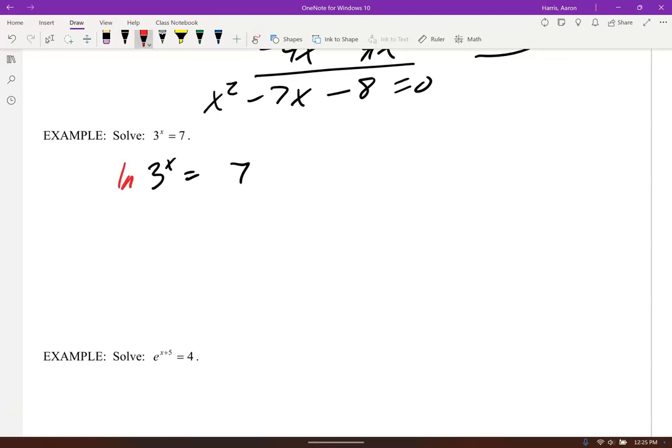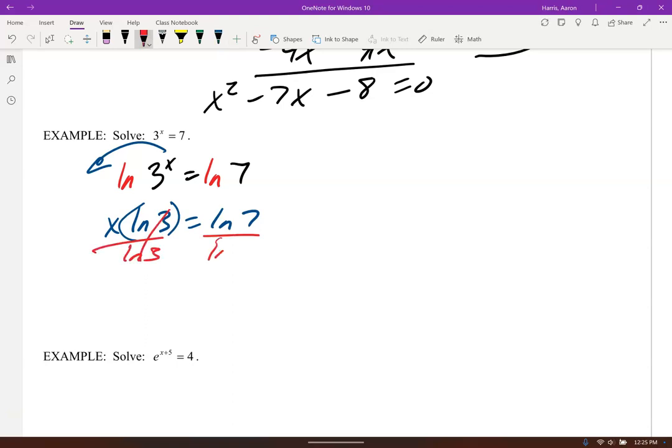So I'm going to run the natural log, and the reason I do that is so I can get that x in front. And notice I have x times a number, x times the natural log of 3 equals natural log of 7. So now all I got to do is divide both sides by the natural log of 3. So x just ends up being the natural log of 7 over the natural log of 3.